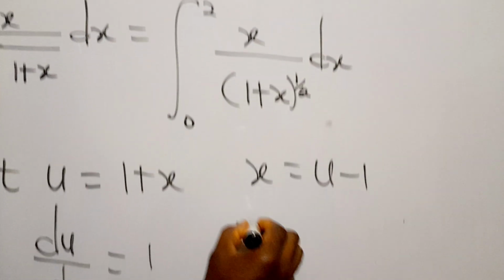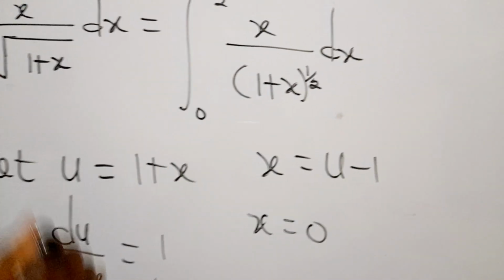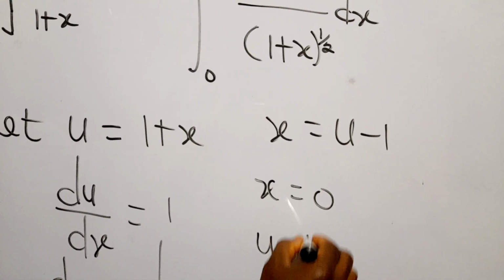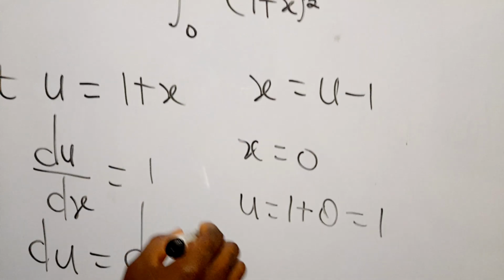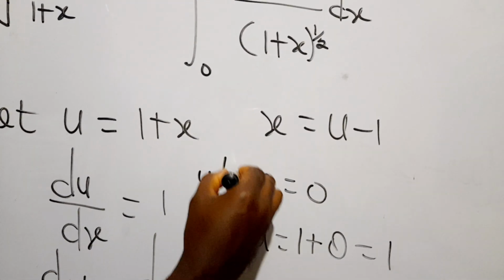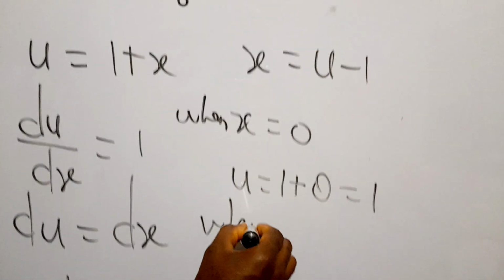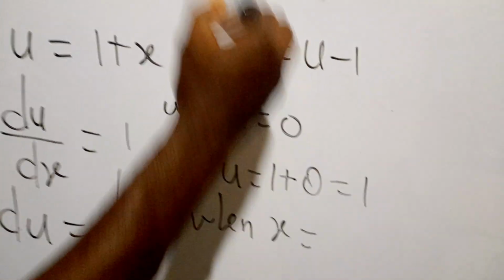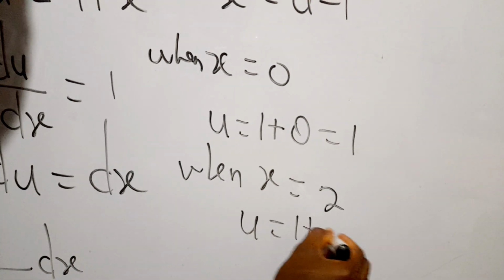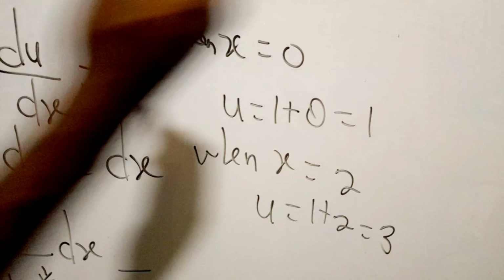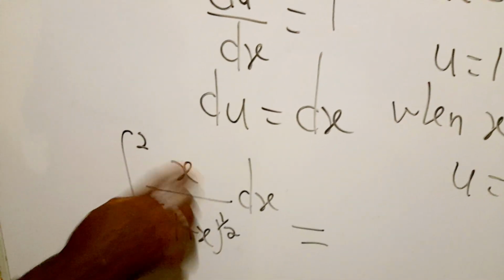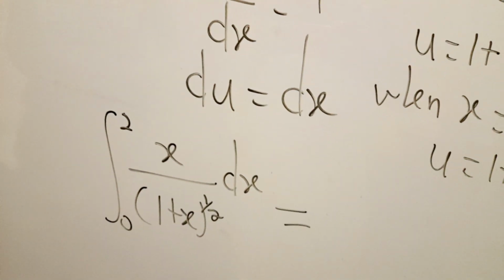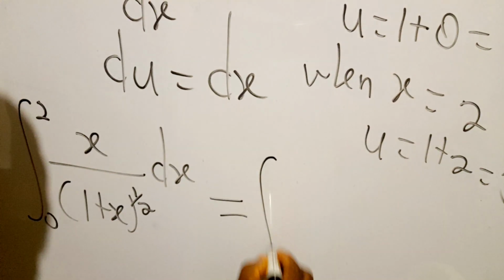So remember, when x is equal to 0, our u will be equal to 1 plus 0, so u will be equal to 1. Then when x is equal to 2, our u will be equal to 1 plus 2, and that will be 3.